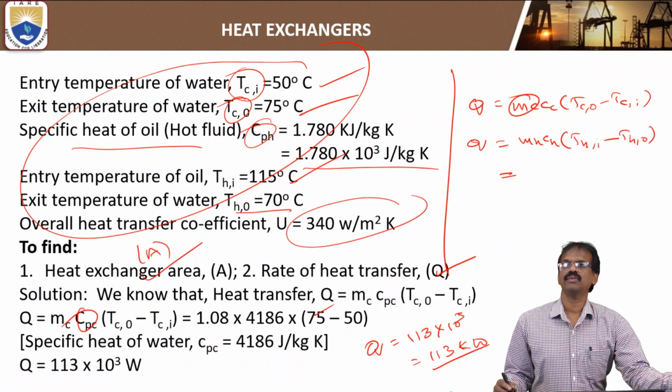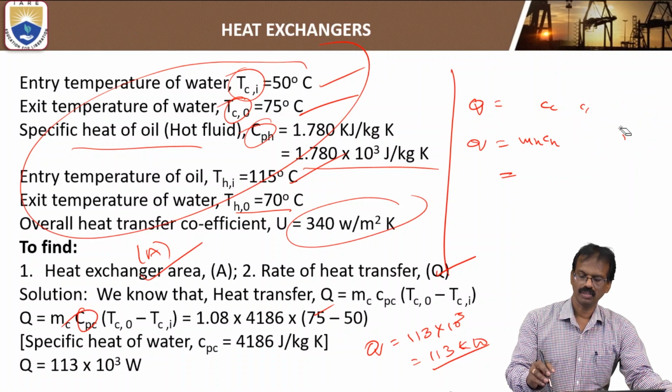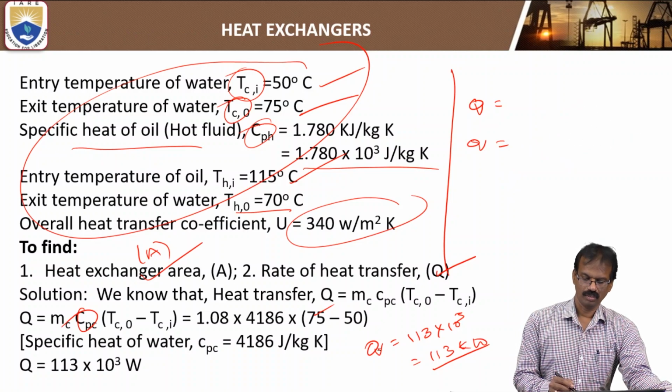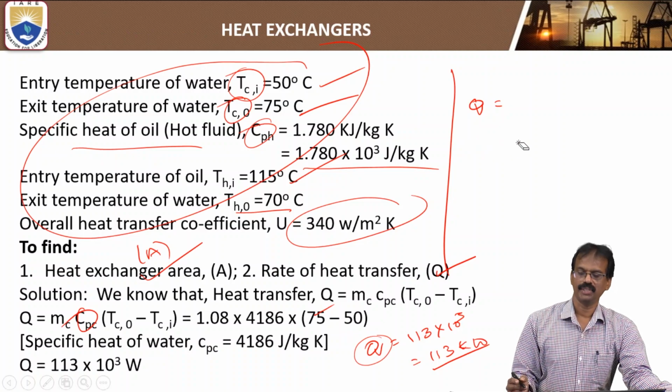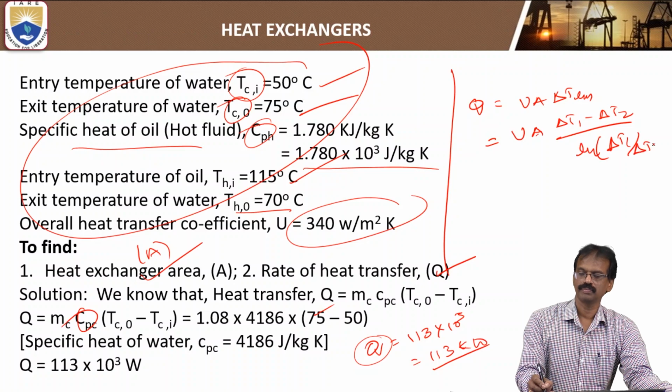Now we will find out the area of heat exchanger. Because you know that formula, rate of heat transfer, we already got the value of the rate of heat transfer and the heat transfer coefficient. So you know that formula according to LMTD, Q is equal to UA into delta TLM. Delta TLM is nothing but delta T1 minus delta T2 by ln of delta T1 by delta T2.